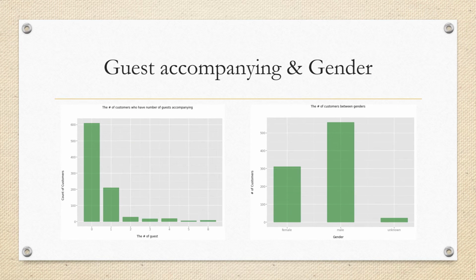The left graph shows, when a passenger takes a flight, how many people go with him or her. You can see the result: most passengers take an individual flight trip, more than 600 customers.